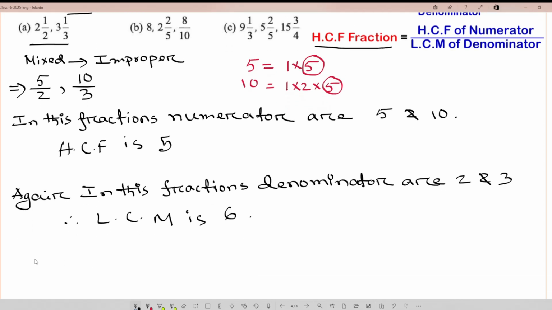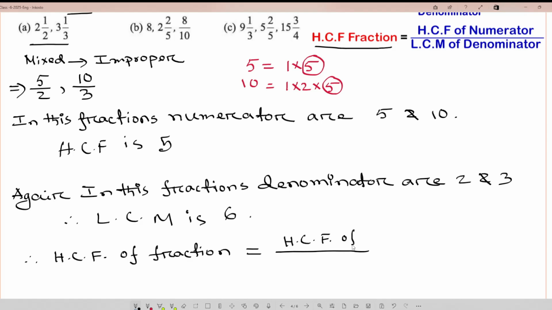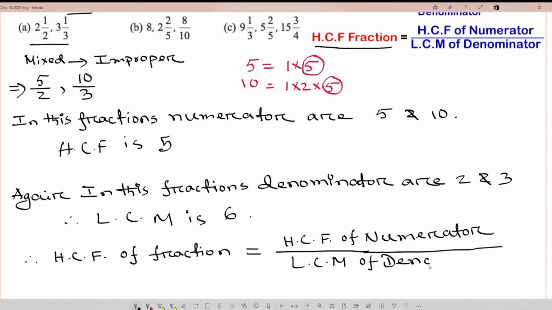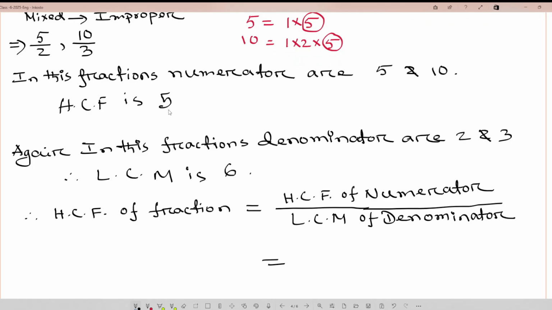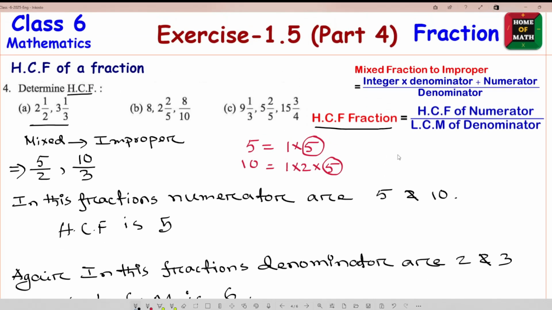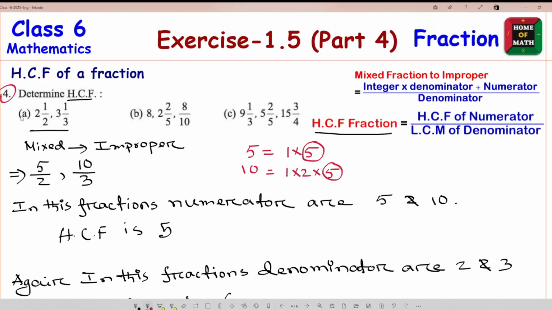Now, the HCF of the fractions equals the HCF of the numerators divided by the LCM of the denominators. We already got the result, which is 5 divided by 6, and this is our answer. So question 4, part A is done.